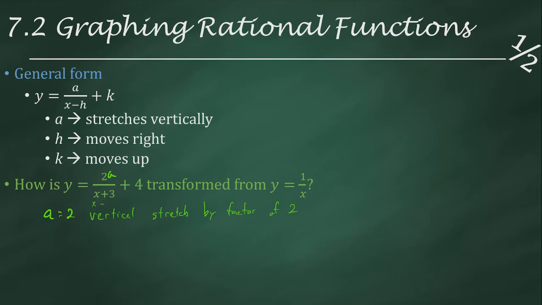This was x minus h, so the only way for that to work is if it's minus a negative there, so h is negative 3, which means it shifts left. Left is the negative direction, 3. And then this is our k, so our k would be 4, which means it shifts up 4.